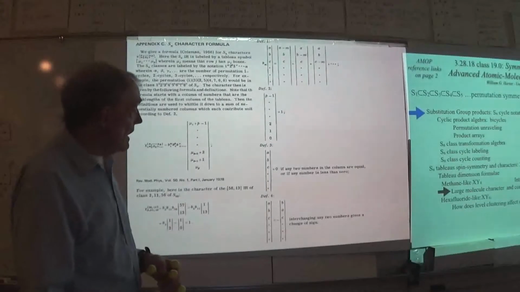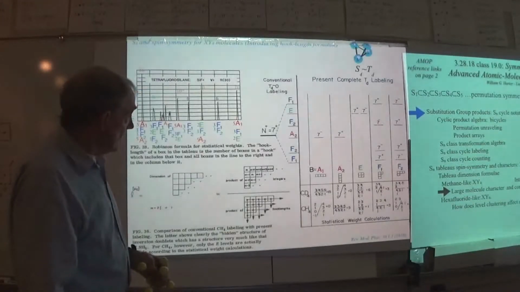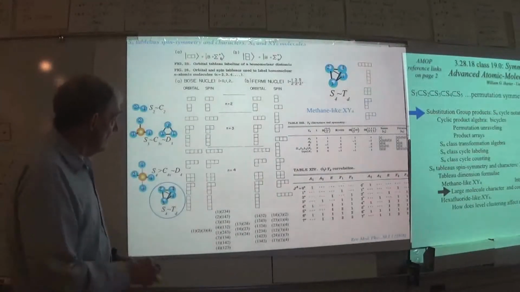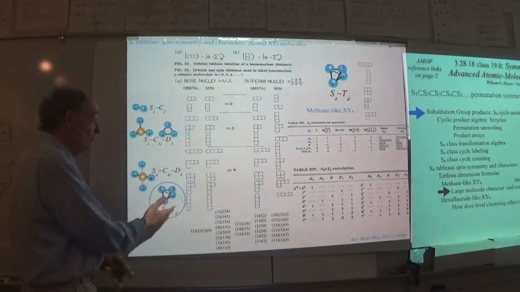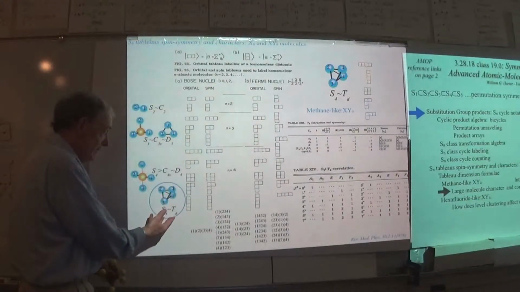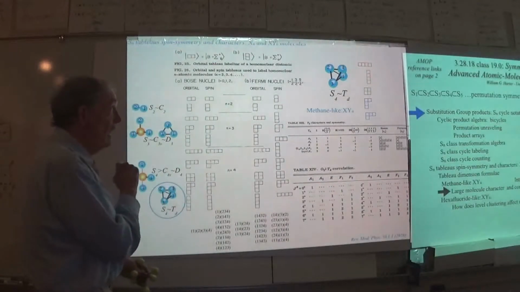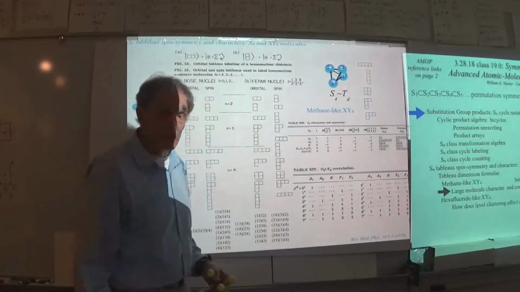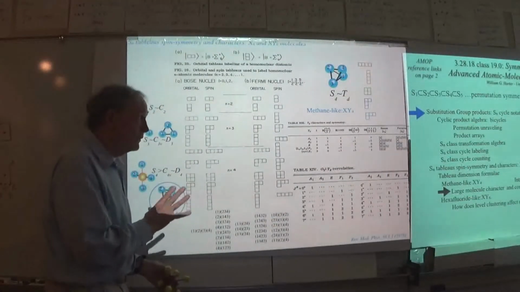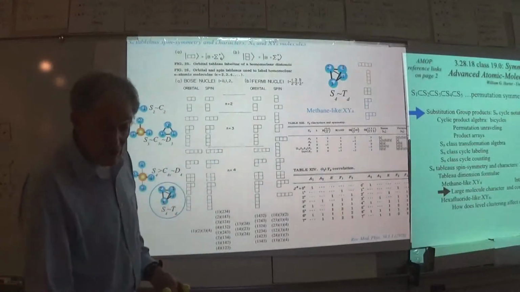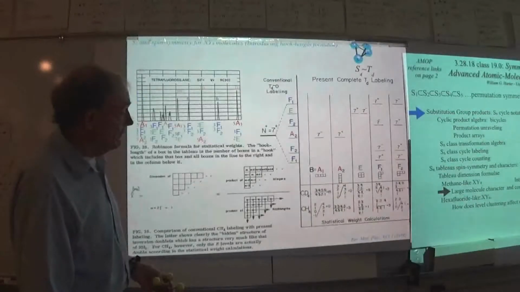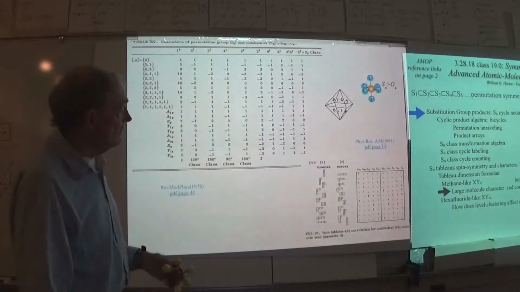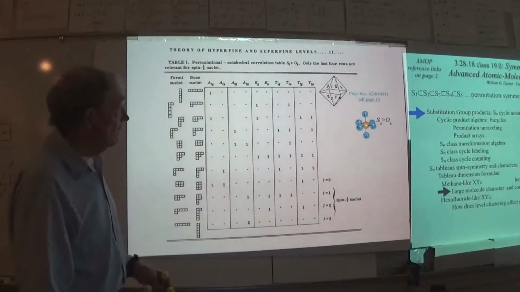If I could just quickly go back to that, just to point out for sure that this guy right here has S4 symmetry both geometrically, and very happy about it, and also with respect to its nuclear spins. So you can use tableaus for both of those and be pretty sure you're describing everything that happens. Not so with SF6. So what you get is this incredible correlation table, okay, and this is it blown up.